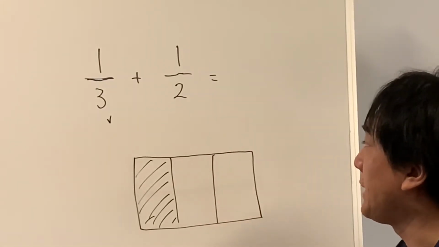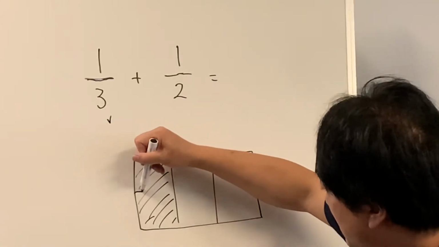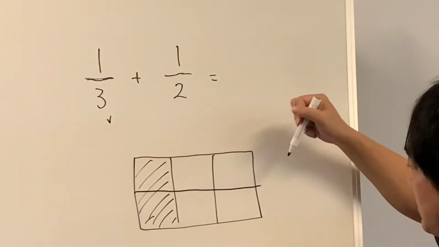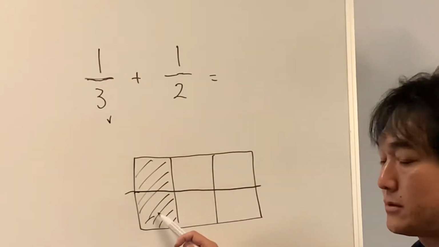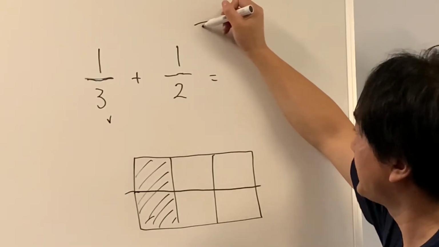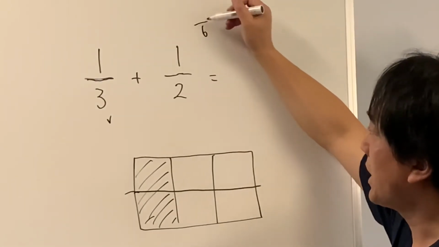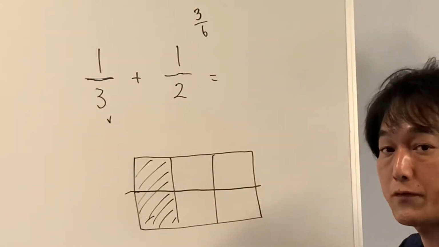I'm going to eat 1/2 of my whole cake. Now, if I do this, I have 6 equal pieces. So, remember, I have 6 equal pieces. 1/2 is exactly the same as 3/6. Remember the equivalent fraction.